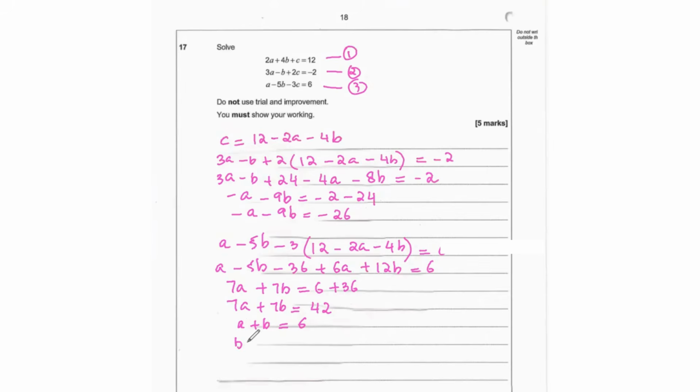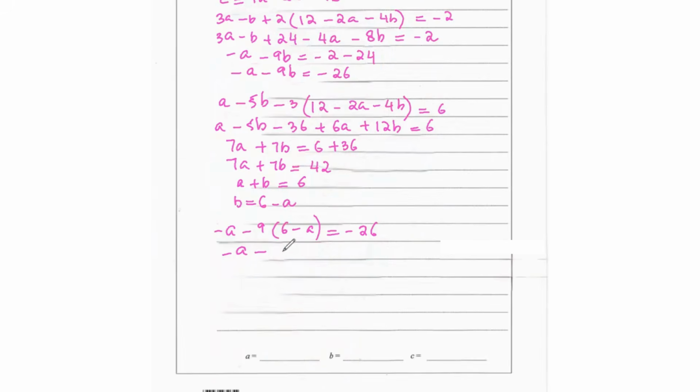Now, we can solve these two equations simultaneously. So we can say b equals 6 minus a, and then we can substitute this in this one. So negative a minus 9 times 6 minus a equals negative 26. That's going to be negative a minus 54 plus 9a equals negative 26. So that's 8a equals negative 26 plus 54, which gives us 28, and a is 28 over 8, which is 3.5.